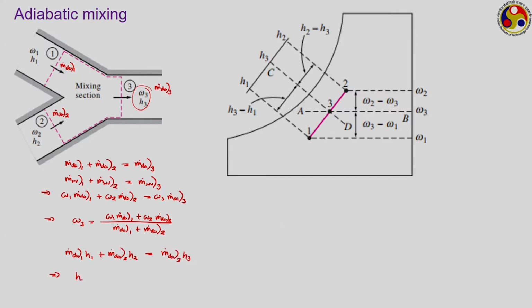From where we can write the enthalpy for the final mixture as m dot dry air 1 H 1 plus m dot dry air 2 H 2, divided by m dot dry air 1 plus m dot dry air 2. So, if we know the mass flow rate for the dry air part and also the properties for both the streams, we can also get the properties for the final stream.